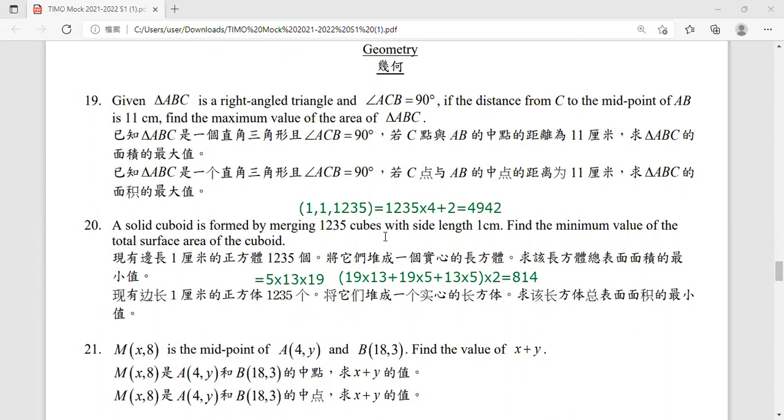But because the question here is asking about a cuboid, you have to minimize the difference of the three sides of the cuboid. The 2 is the bottom and the top, and 5 times 4 is the 4 sides.